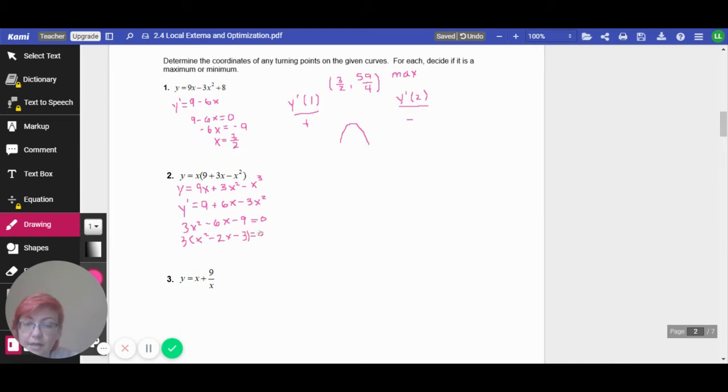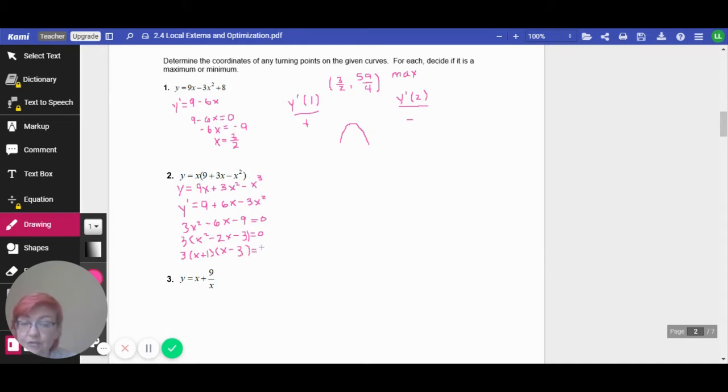Now, the factors of negative 3 that add up to negative 2 would be negative 3 and 1, because negative 3 times 1 is negative 3, but negative 3 plus 1 is negative 2. So my fully factored form here is 3 times x plus 1 and x minus 3, and that's equal to 0.